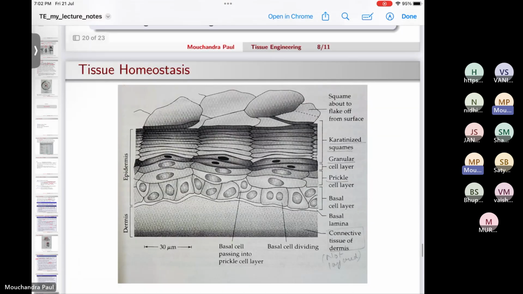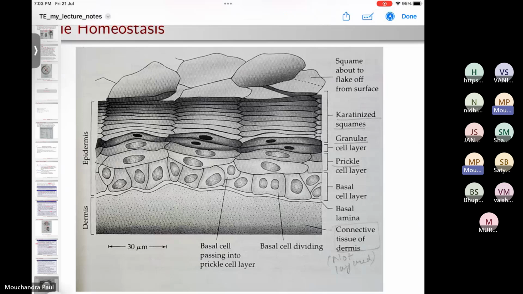So here is the diagram. This is the connective tissue. This is the basal lamina, just above the connective tissue, that is the dermis. Now the cellular layer that is just in contact with the basal lamina is called the basal cell layer, or also the stratum basale. Here a few of the cells are stem cells, meaning they have the characteristics of stem cells.